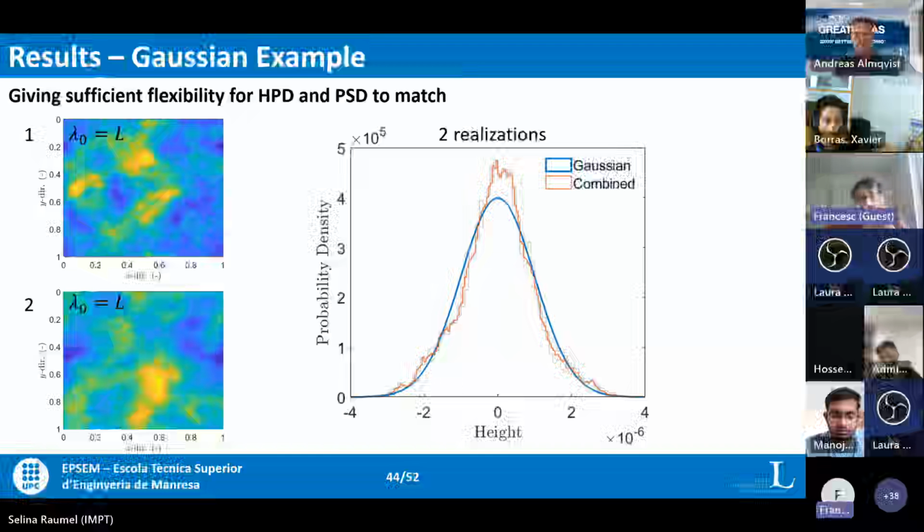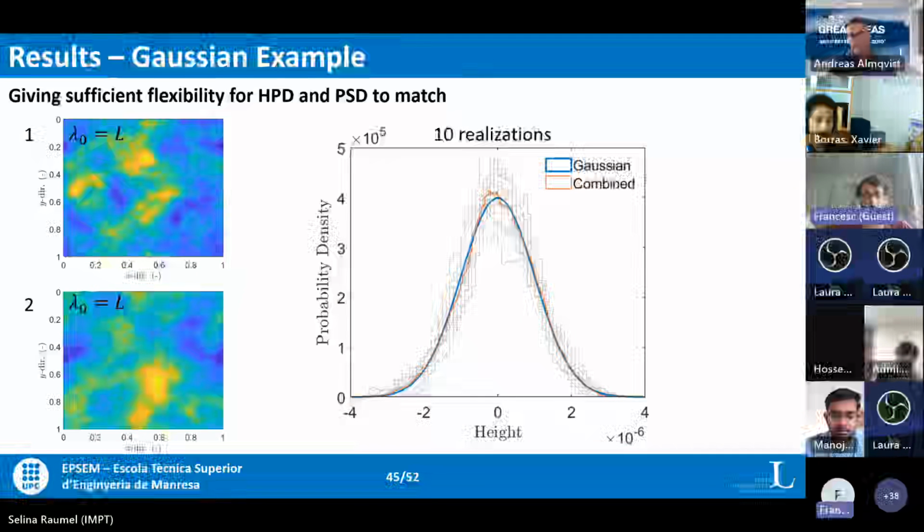But of course, notice all these very large spreads on the gray distributions. Each individual realization has a height distribution that's very far away from a Gaussian, but the combination is very close, because we're basically having these very large Gaussian surfaces, and we're picking small patches out of them.